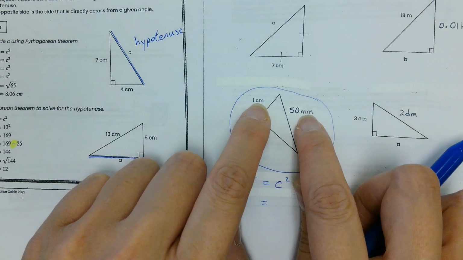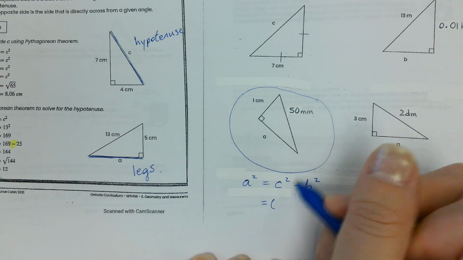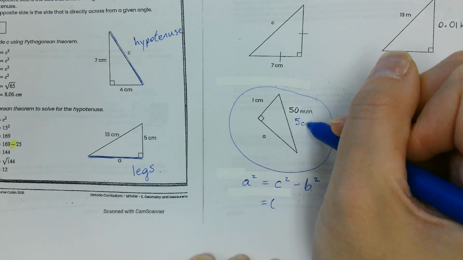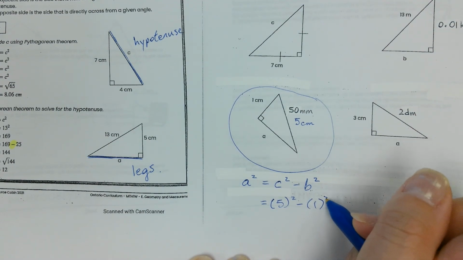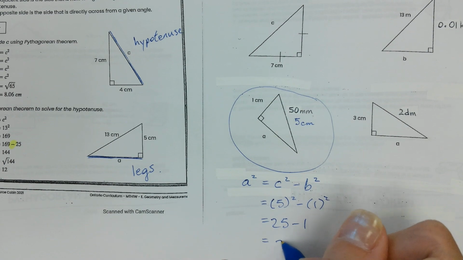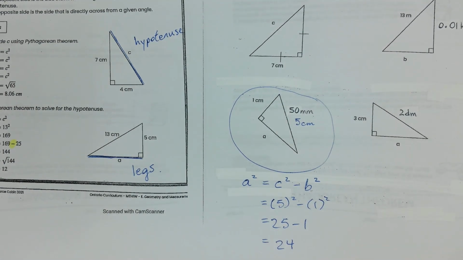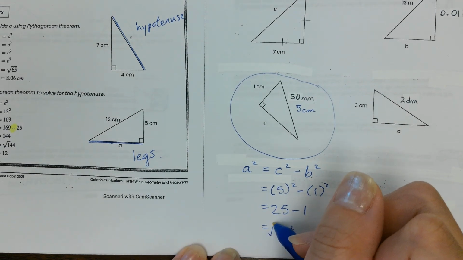Units. What we just did. So this is the same as 5 centimeters. So 5 squared, take away 1 squared. 25, take away 1. I get 24. Does that mean A is 24 centimeters? What do I have to do with that? Square root it.